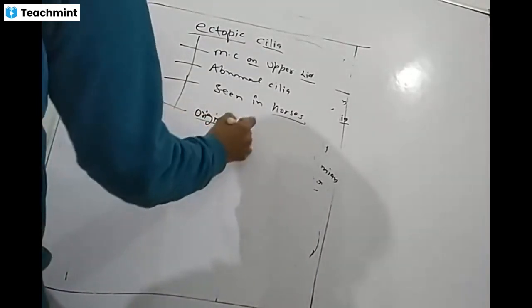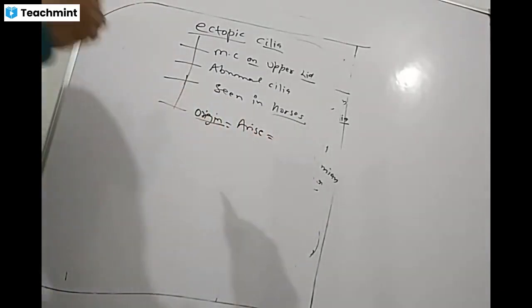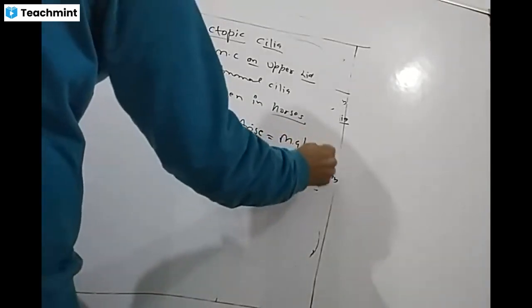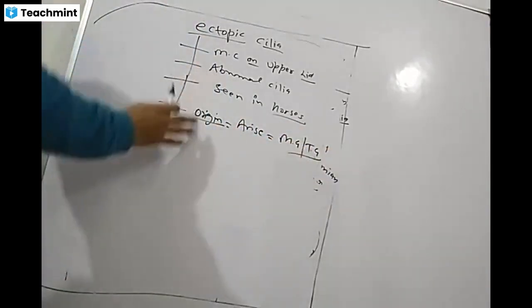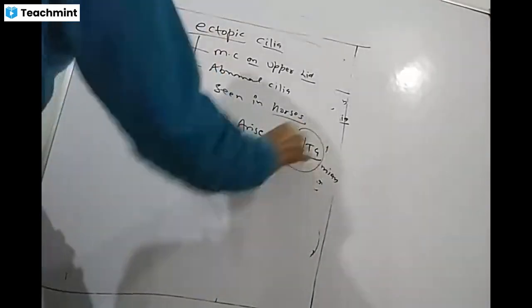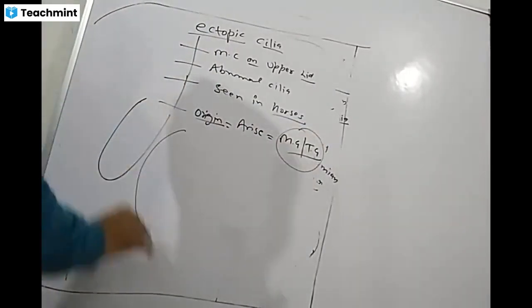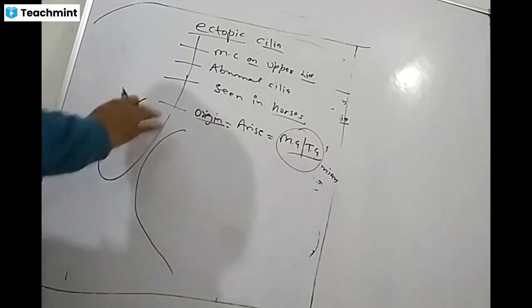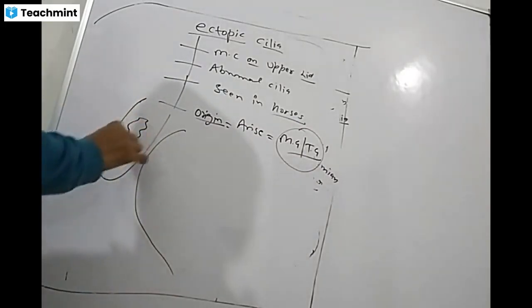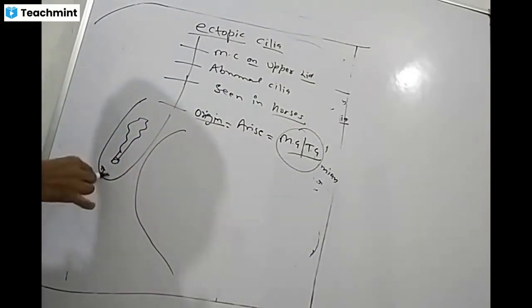They arise from your meibomian gland, your tarsal gland. So what is the difference between ectopic cilia and distichiasis if both arise from this? The difference is this: this is the cornea, this is the eyelid and the tarsal plate having tarsal glands. Normally they are coming out like this.